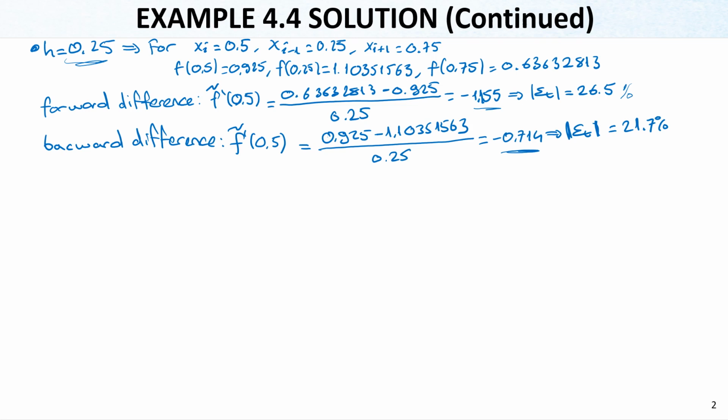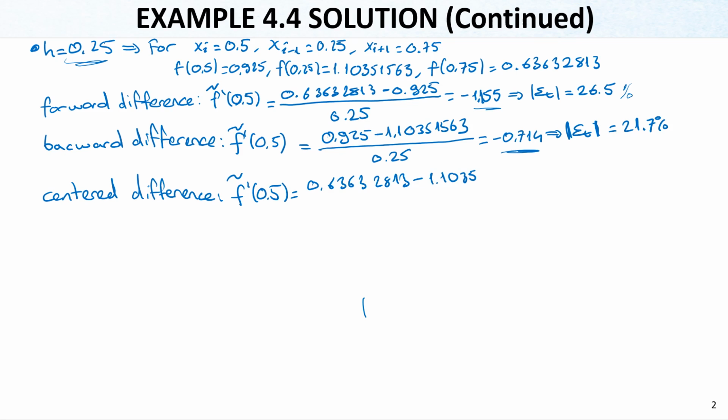Let's check the center difference. f prime (0.5) is equivalent to the xi plus 1 minus xi minus 1 function values, so let's write them down: 0.63632813 minus 1.10351563 divided by the step size times 2, so it is 2 times 0.25, which is 0.5.